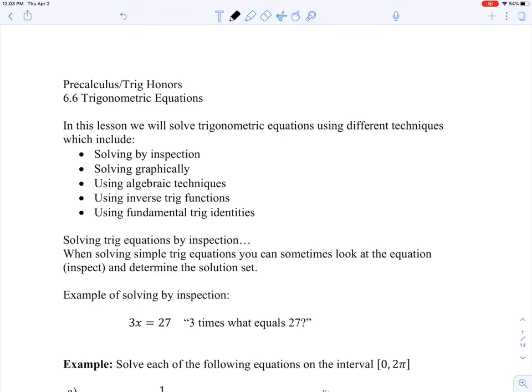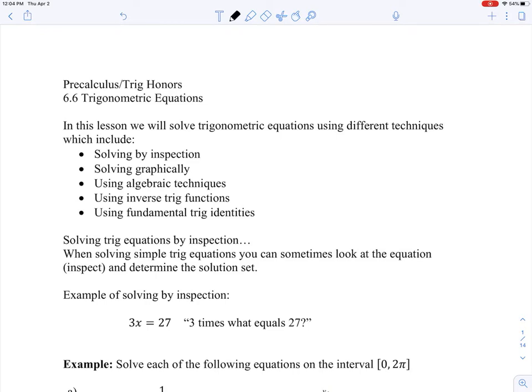So the first method that we're going to look at is the most basic method of solving a trig equation. You will not be able to solve every trig equation by inspection, but whenever you have sine or cosine or tangent or cosecant, cotangent equal to a ratio that's from the unit circle, it will often be the most efficient to just solve by inspection.